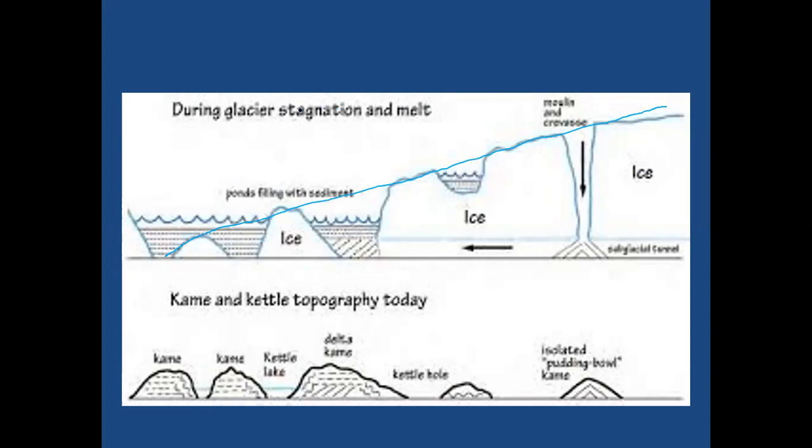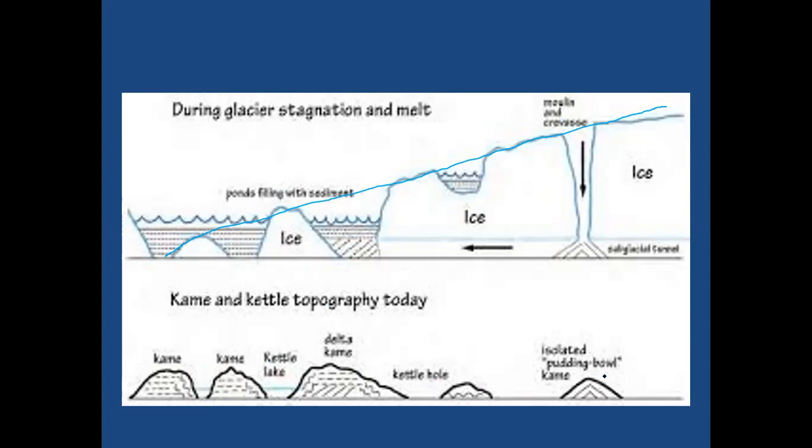But as it stagnates, so that means it stops moving and begins to melt, it's going to get puddles, okay? And what's cool about the puddles is that as water flows down into these puddles, sediment is deposited. So as the glacier melts away completely, we get these little hills of sediment wherever there was a puddle in the glacier above.